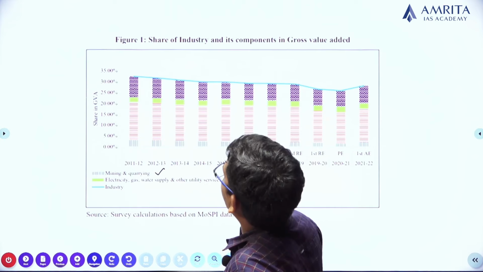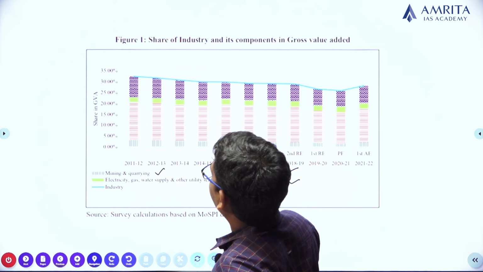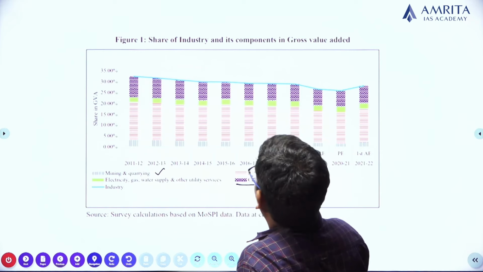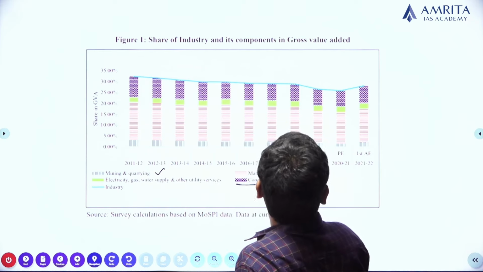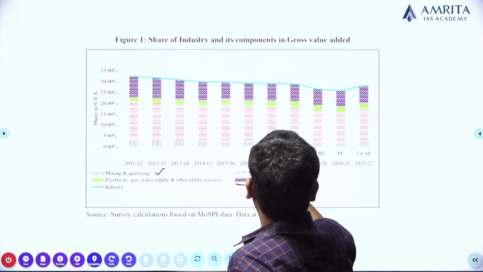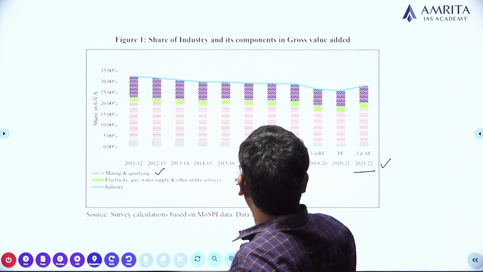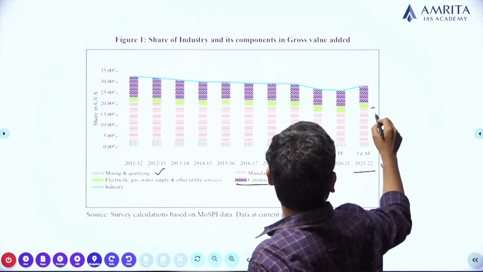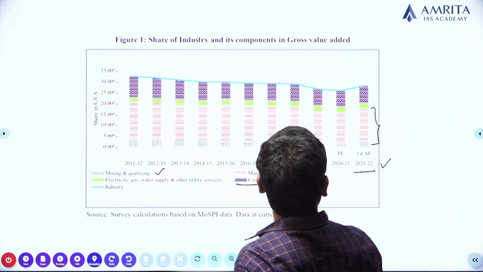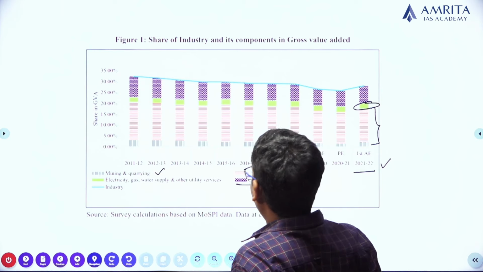Now if you look at the overall share, it started at around 33, and now we are also almost at 32, 33. Okay, 2011-12 to 2016-17, 2017-18, and the first advanced estimate. And in this, which one is contributing more? Manufacturing is contributing more, electricity and gas contribute less, and mining and quarrying also less.